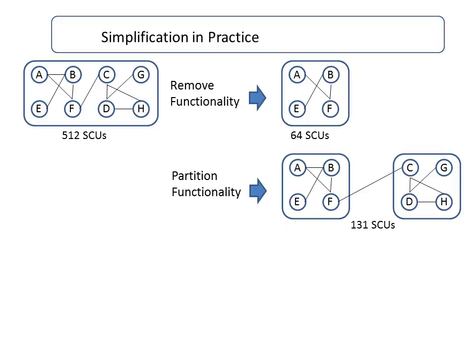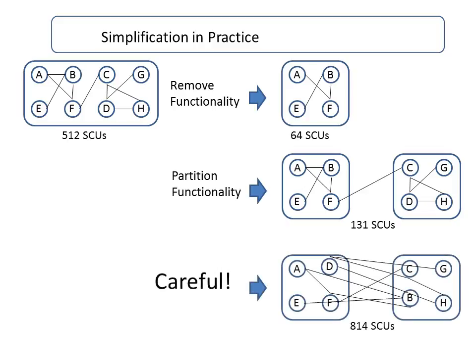So partitioning functionality is a great way of reducing functional complexity. The problem is that functional complexity isn't the only thing that's contributing complexity to the system. As I talked about earlier, complexity has 2 faces. It has functional complexity and it has dependency complexity. What we typically run into is that as we reduce the functional complexity by partitioning, we increase the dependency complexity by partitioning.